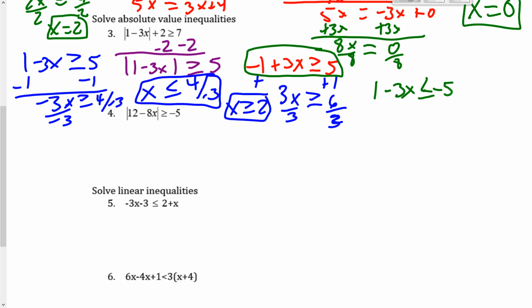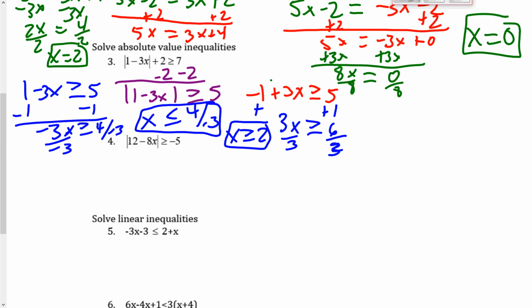So that's why I just change what's inside the absolute value, because then I don't have to flip the sign. But if I change the other side, then I do have to change the sign. And you can see if you solve this that you get that same answer of 2, pointing towards the x, because eventually you'd have to divide by a negative, right?